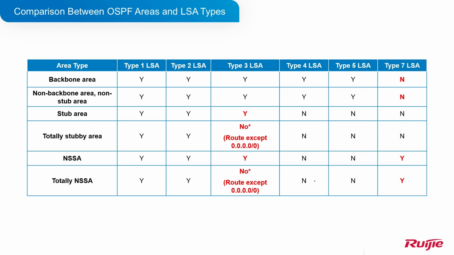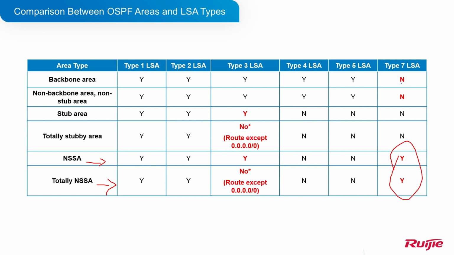Okay. And for Type 7, we know it's special for the NSSA area, right? So just the NSSA and totally NSSA support the Type 7 LSA information. Other areas can't receive the Type 7 LSA information.